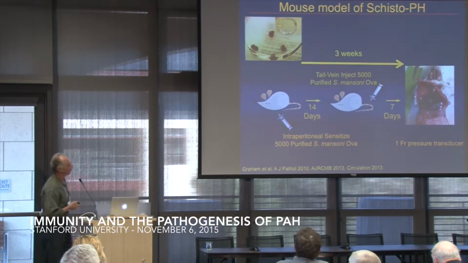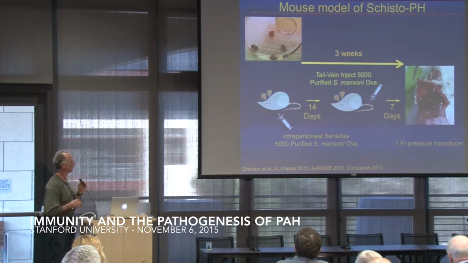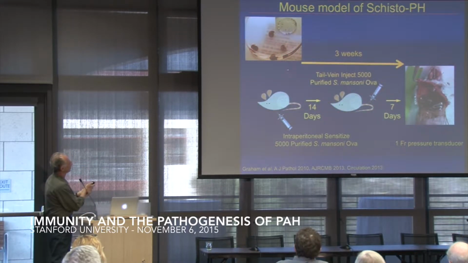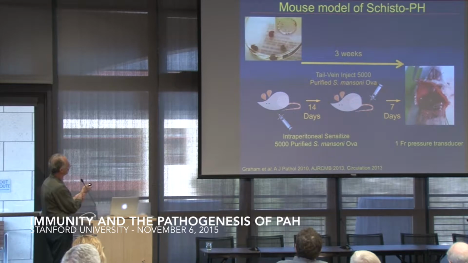But how we model that in the lab, we have to move into the animal model. I know that many of you are going to be turned off by going to the animals, but we have to start understanding somewhere. In this case, we get the snails. They read the New York Times, and during the times in the lab, they actually release the cercaria.